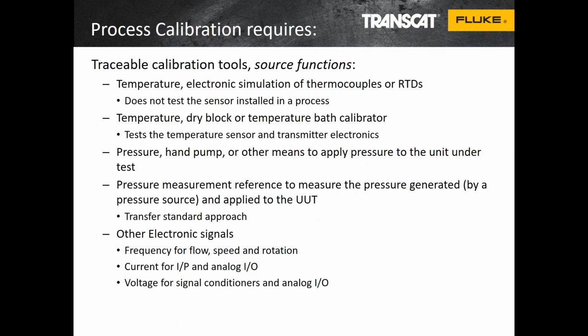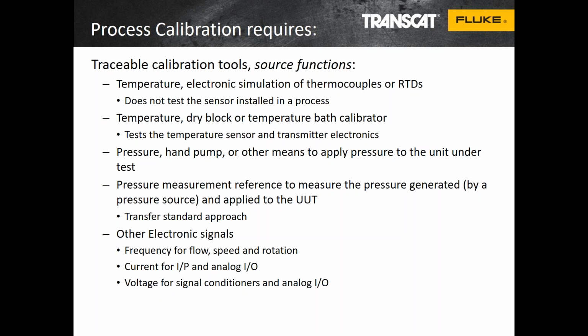So from the instrument test equipment side, we need traceable calibration tools. From the traceable tool perspective, the source function, we need to be able to source temperature. The most common method being the electronic simulation of thermocouples and RTDs, but this does not test the sensor that's installed in the process.